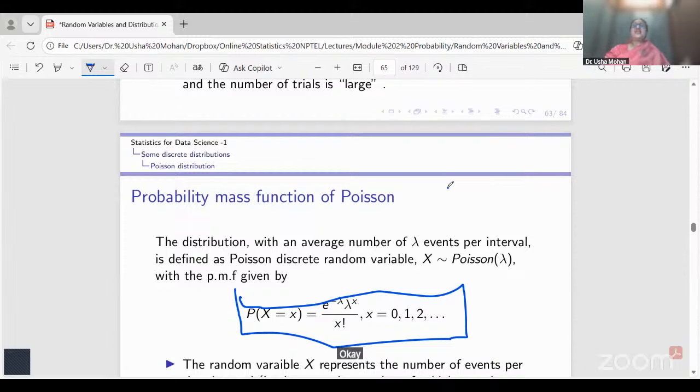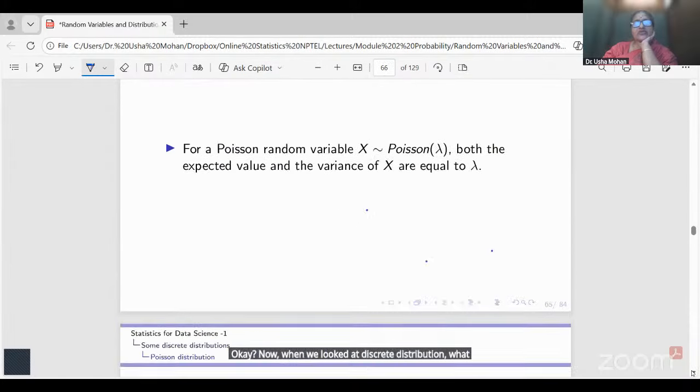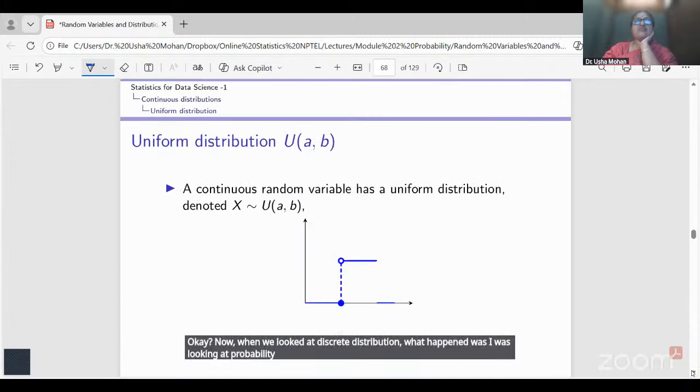Okay. The next thing that we are going to see is a continuous distribution. When we looked at discrete distributions, I was looking at the probability that x takes values x1, x2, xn, discrete integer values.